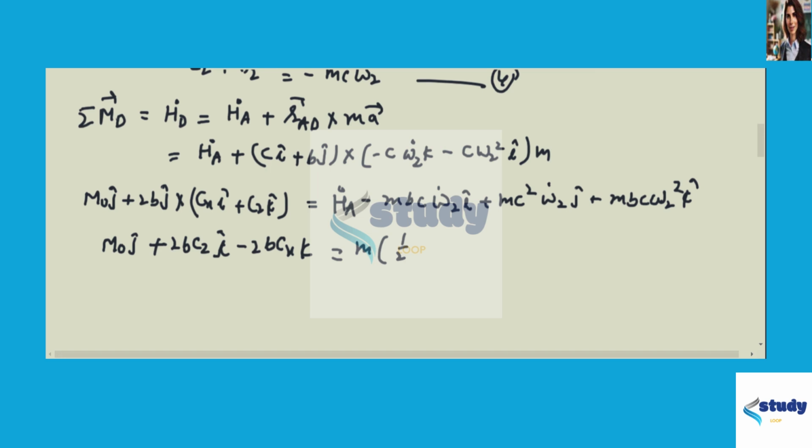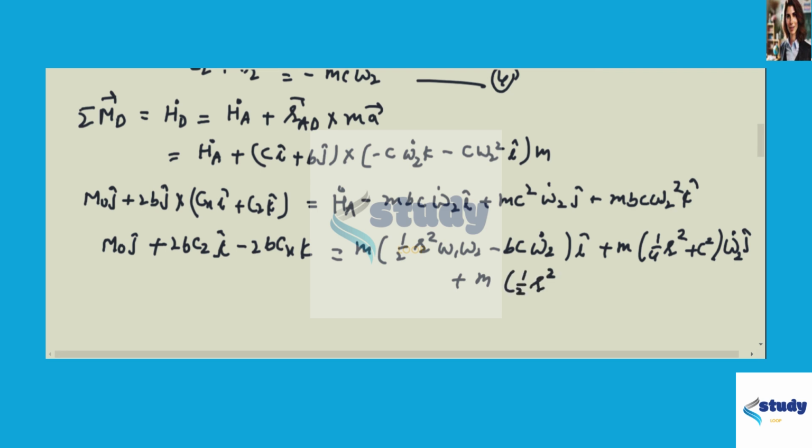Now substituting this value from equation 2: half r square omega 1 omega 2 minus b c omega dot 2 i cap plus m into 1 by 4 r square plus c square omega dot 2 j cap plus m half r square omega dot 1 plus b c omega 2 square k cap.